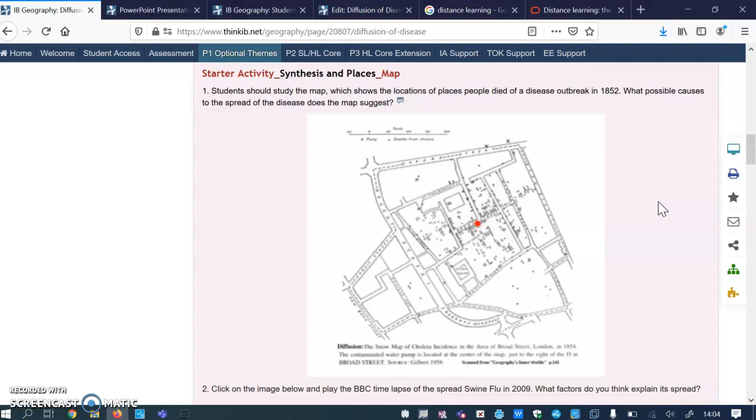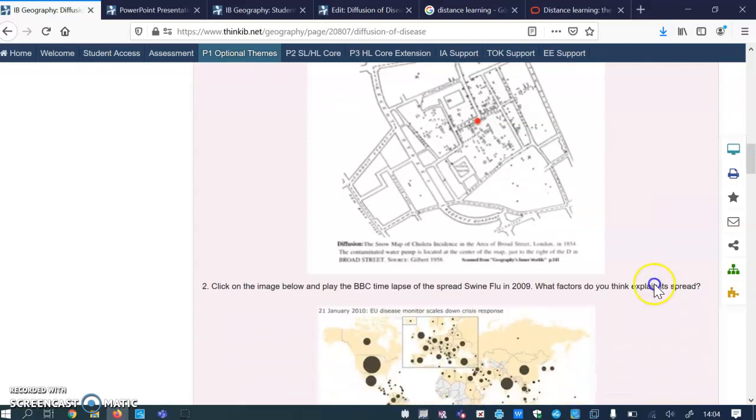There's a clear clustering pattern central to the map. And it was by doing this, they first found the source of cholera, a contaminated water source, that with distance away from that water source, you see a reduction in cholera cases. So in this particular case, you see an outbreak of a disease around a central source.